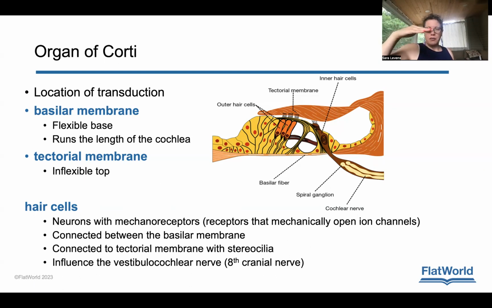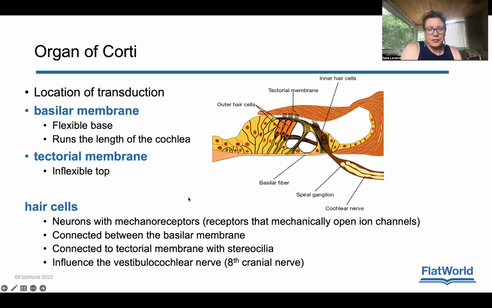So it is inflexible. It cannot move, but the basilar membrane, which runs the base of the cochlea, right under here, can move. And notice how these little hair cells are embedded or touching up here at the tectorial membrane as well.